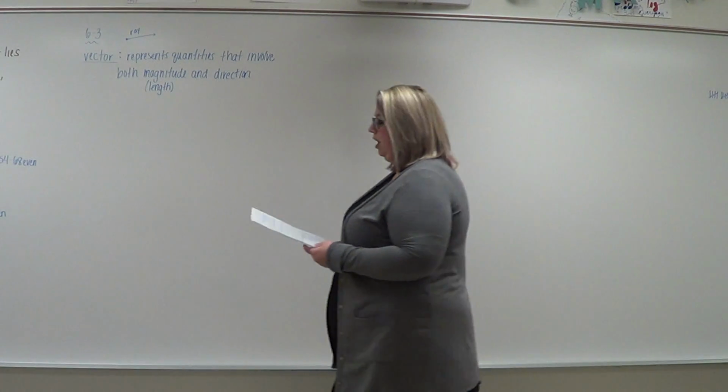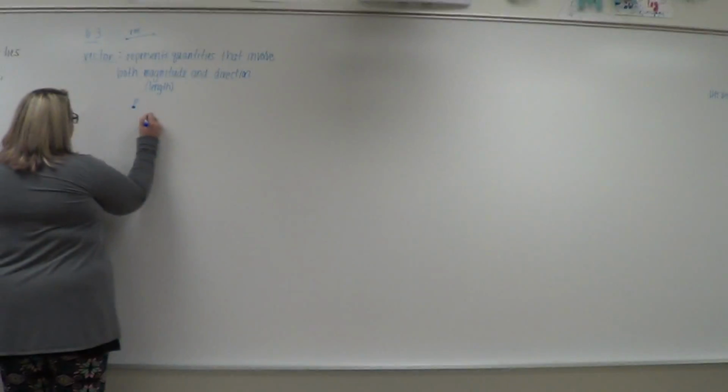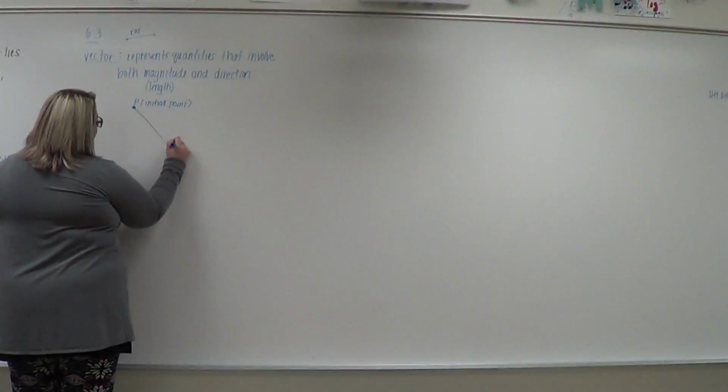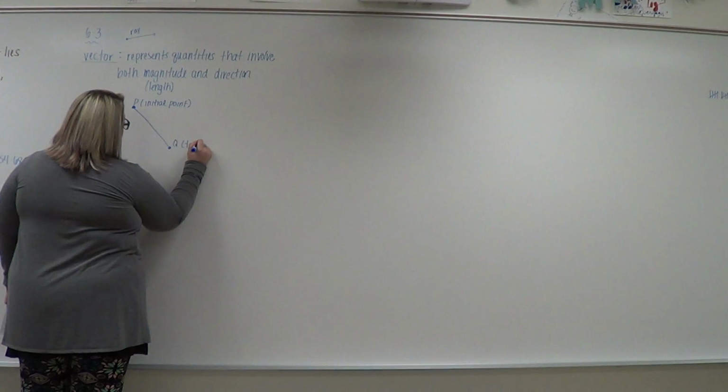So if you're really describing it, let's say this is our vector. Let's make this P. This would be our initial point. And then it goes in some kind of direction with some kind of length. And it has, let's do Q, which is the terminal point.